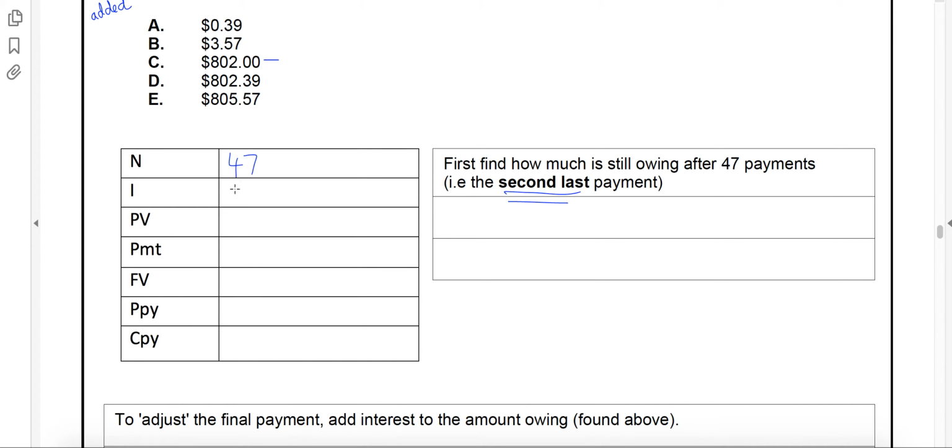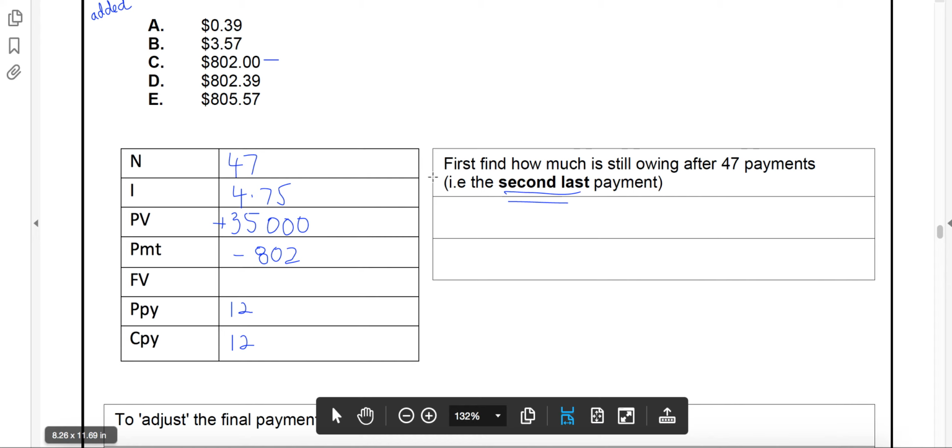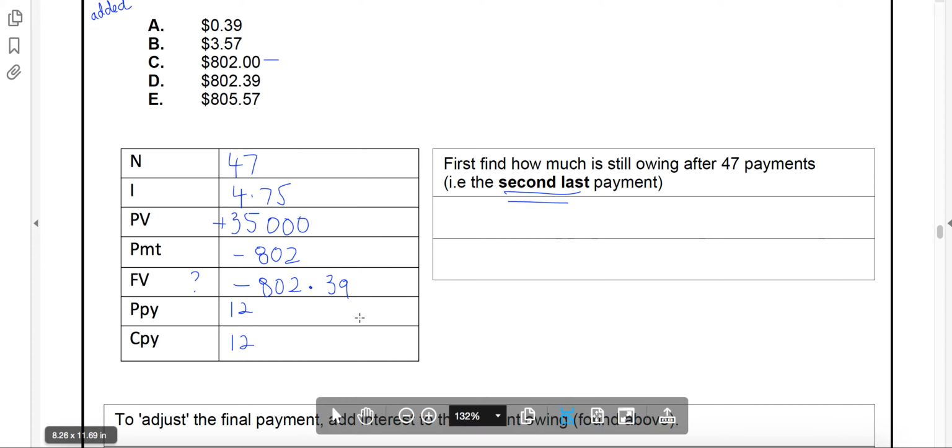So 47 at a rate of 4.75. The loan was 35,000. That's positive. Payment was 802 exactly. And then we've got 12. So we're trying to find how much is owing. When you do that, what you'll notice is it's a little bit more than the $802.